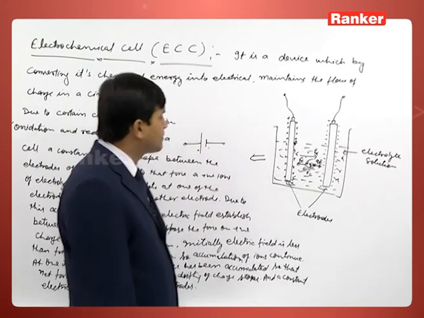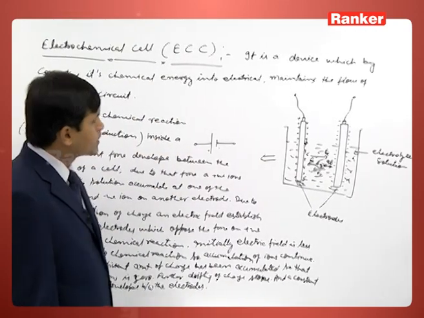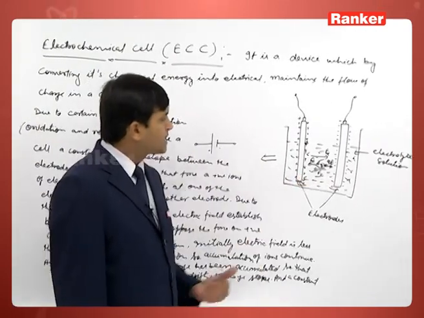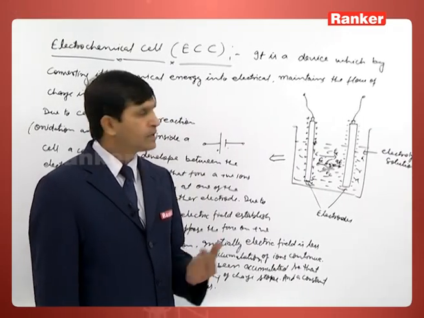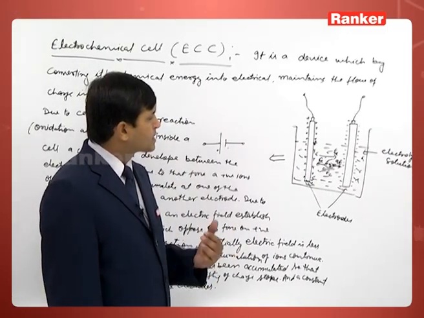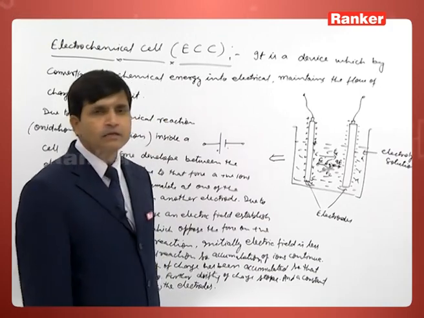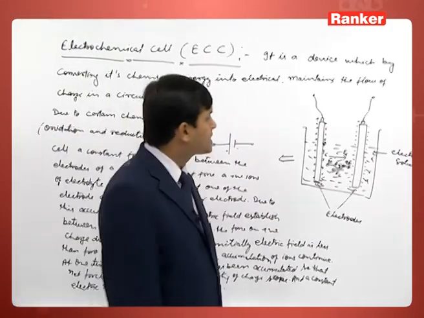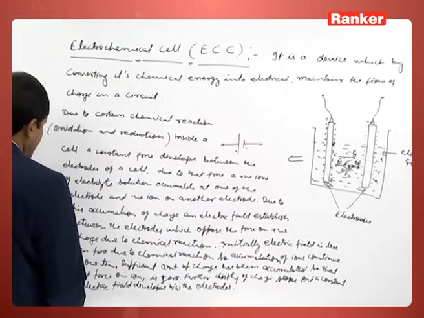If V is the separation between the electrodes, there is a potential difference between the electrodes, and that potential difference is numerically equal to the EMF of a cell. So we can write it like this.